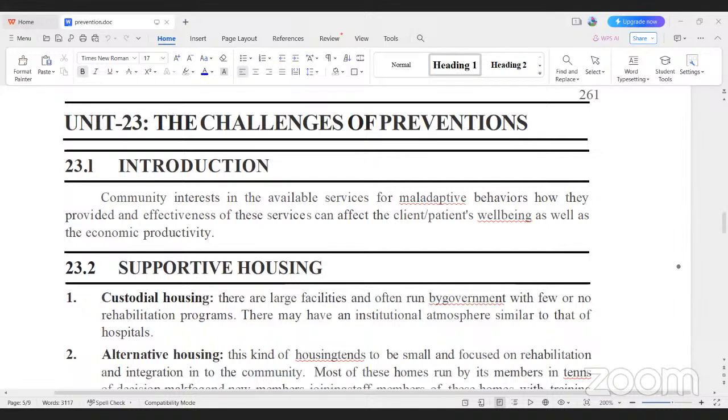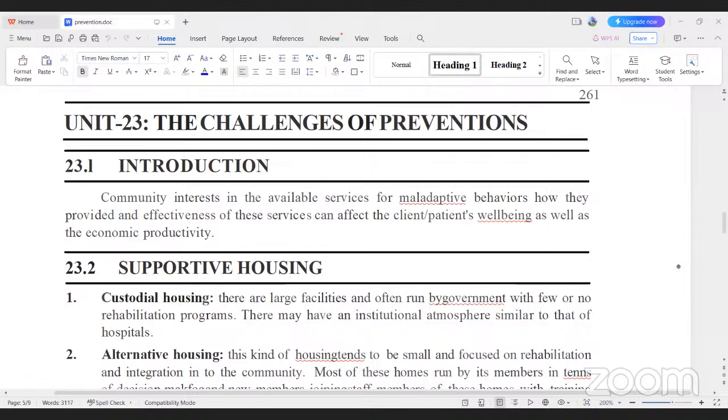So for these abnormal behaviors, the World Health Organization has given a definition of the causes for psychopathology: biopsychosocial problems.